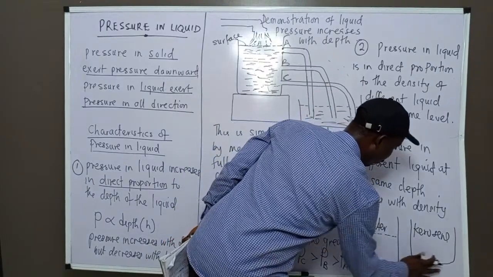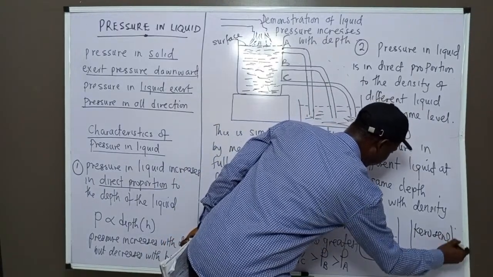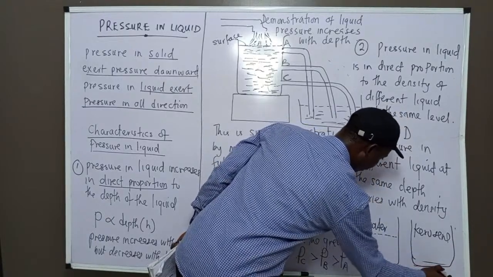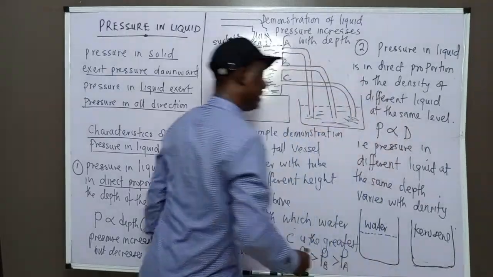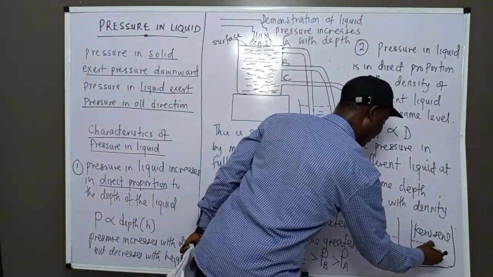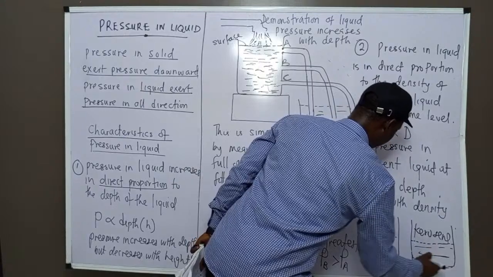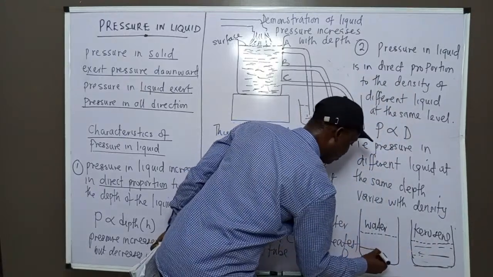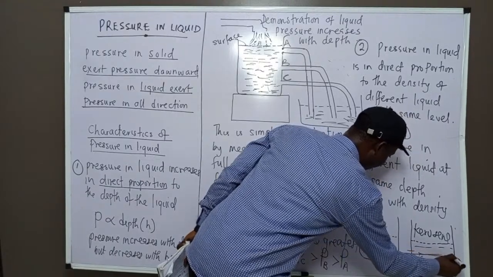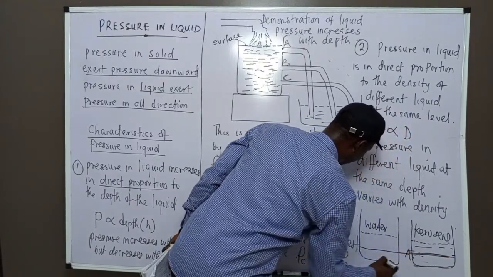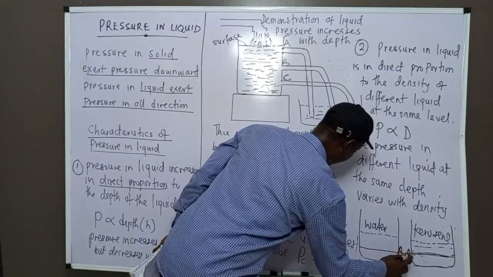Let's say you fill the container to the same level. You understand now? These are the two vessels, filled to the same level. Now, let us consider the pressure at position A of the two of them.